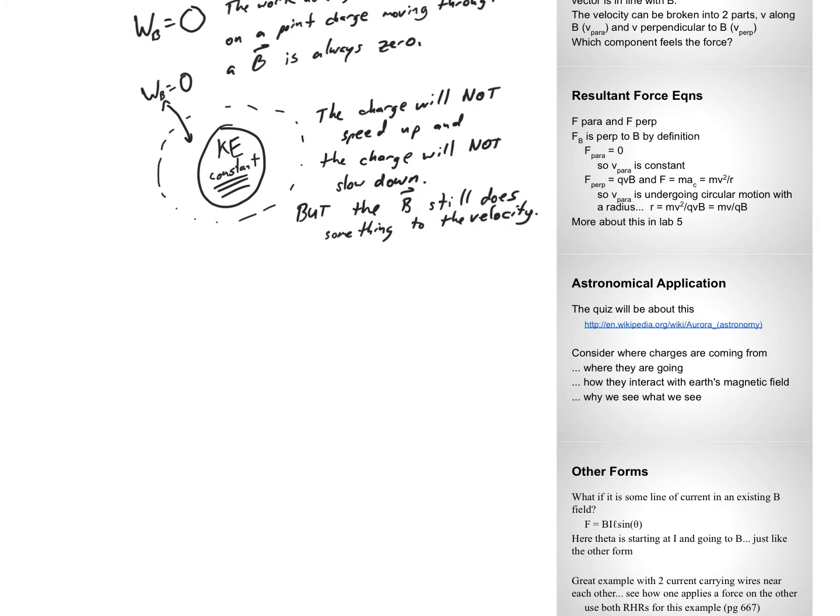So let's set up a magnetic field here. I'm going to have a magnetic field pointing out of the page. That's my magnetic field, and I'm going to repeat a few rows of this.